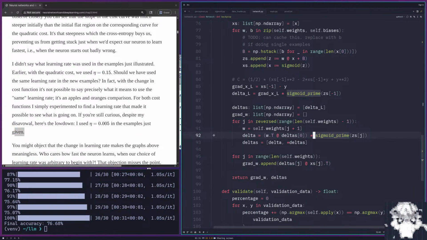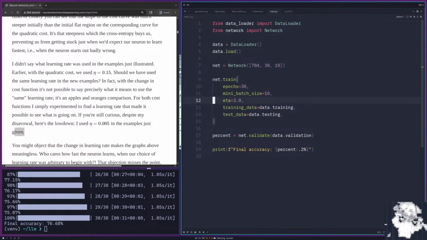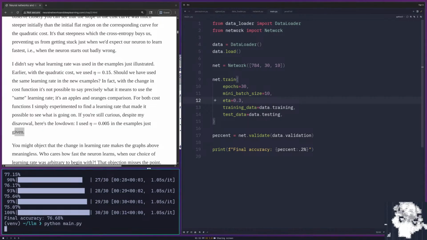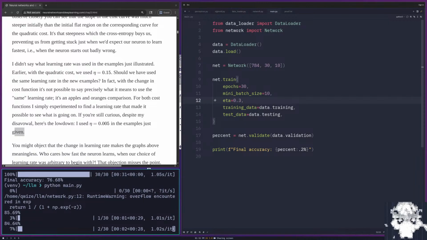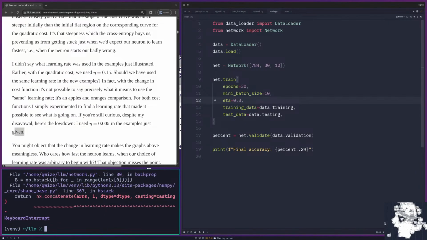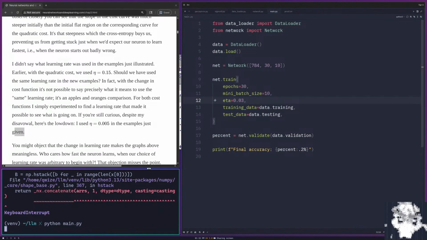Okay, so if we go over here and we change these to be 1, and then we also change the learning rate to be, let's say, 0.3, so 10 times smaller. Now we're learning faster. Okay, let's kill that. Make it 10 times even smaller than that.